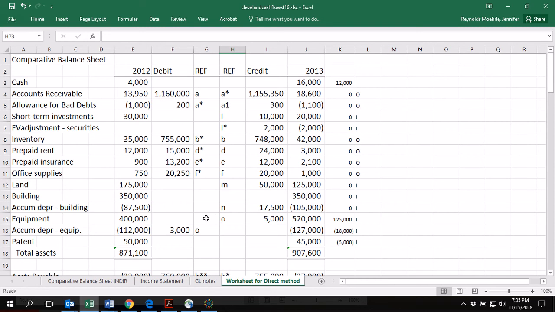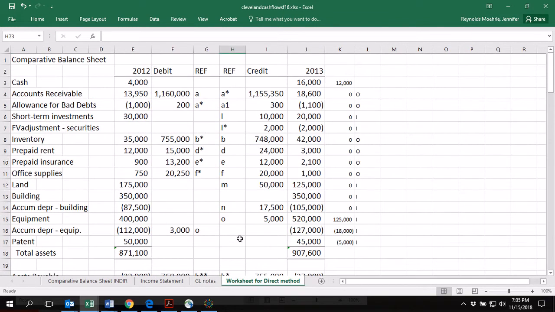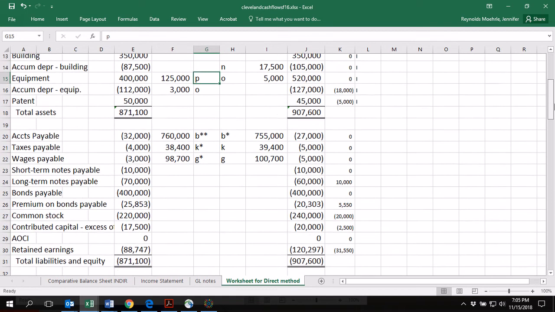So let's go ahead back to the general ledger. We bought equipment for $125,000 and paid cash. That's convenient. So this is going to be my item P, taking that from the general ledger detail, I know we bought equipment for $125,000 and paid cash.